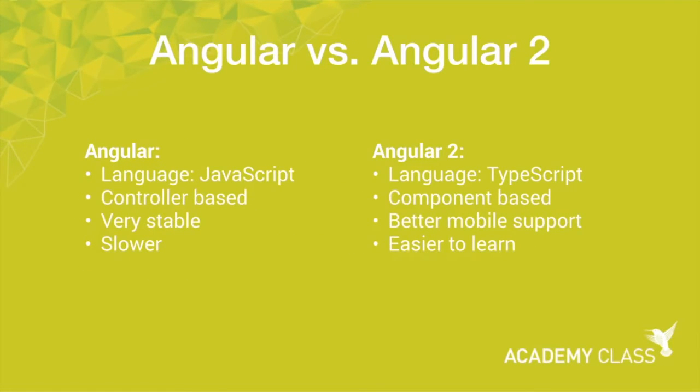So the differences between Angular 2 and Angular 1, first of all, it's language. Angular 1 uses the plain old JavaScript. Angular 2, on the other hand, uses TypeScript. TypeScript is a new language developed by Microsoft, which is really strange.